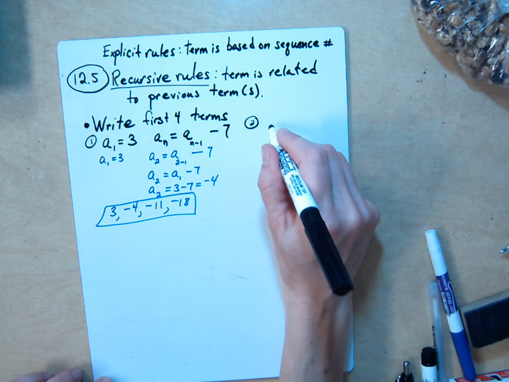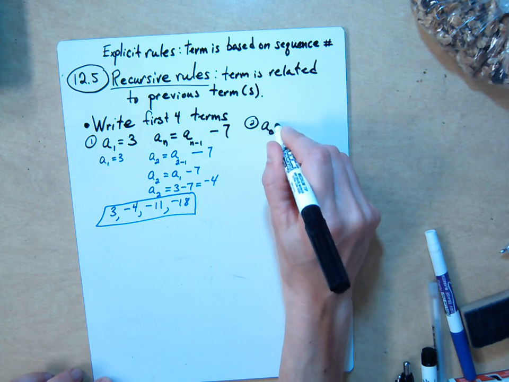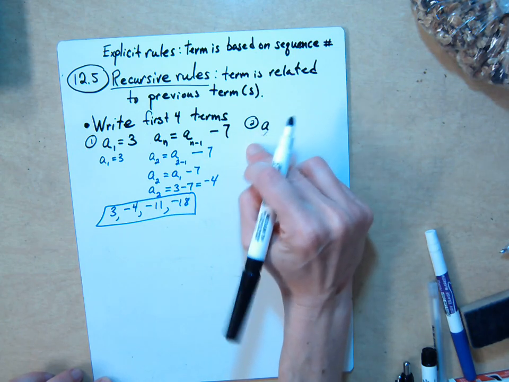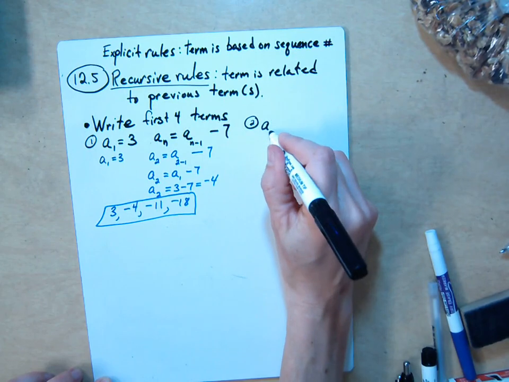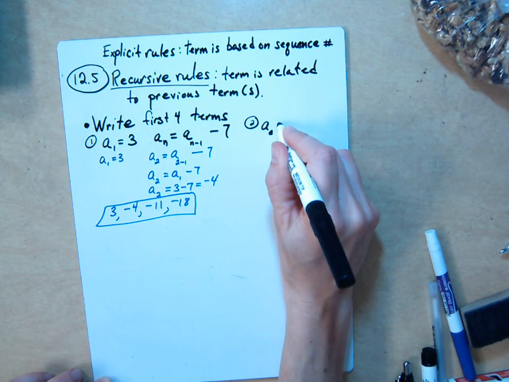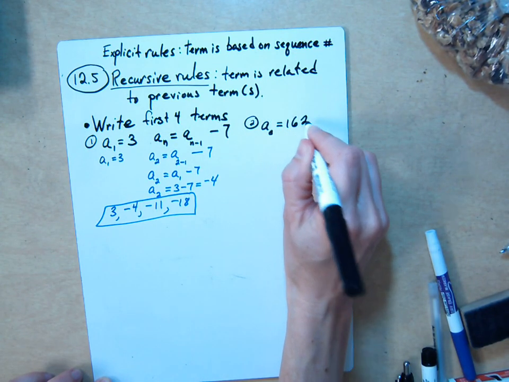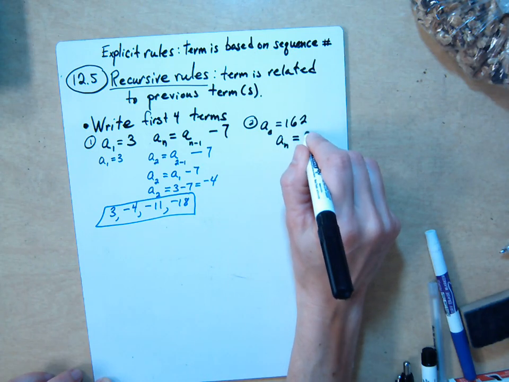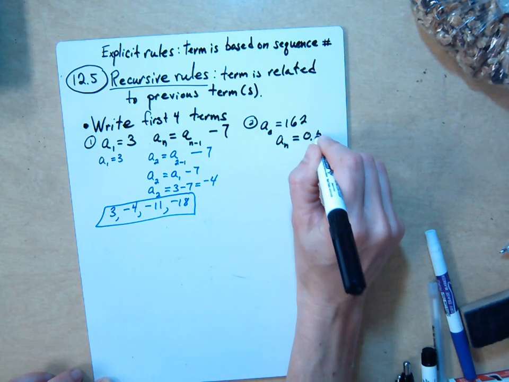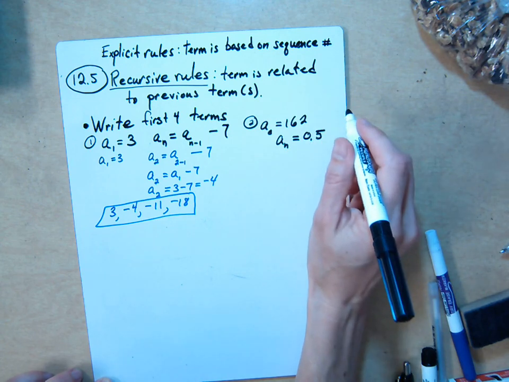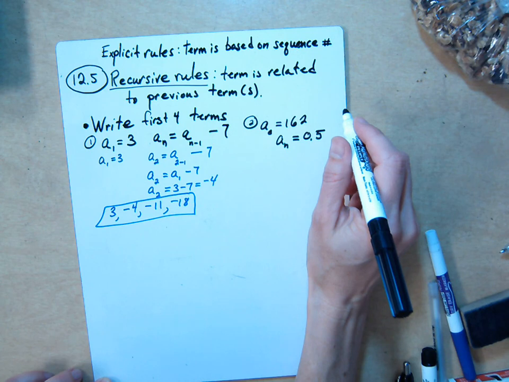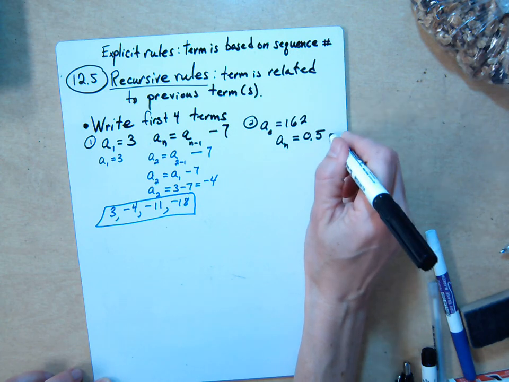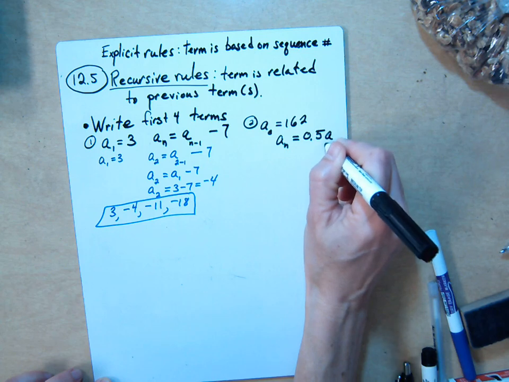Number 2, let's say I tell you a sub 0, my first term could be a sub 0. That's fine. Equals 162. And a sub n equals 0.5 times a sub n minus 1.